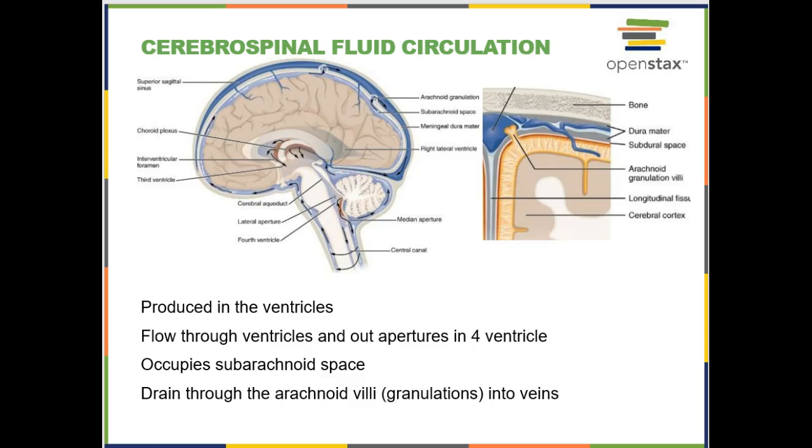Then what you want to know is how the cerebrospinal fluid flows throughout your dorsal body cavity, for lack of a better term. Right, so it's produced in your ventricles. If we start sort of farthest away from where it's going to end up in the lateral ventricle, it then flows through this foramen here, the interventricular foramen, sometimes called the foramen of Monroe.